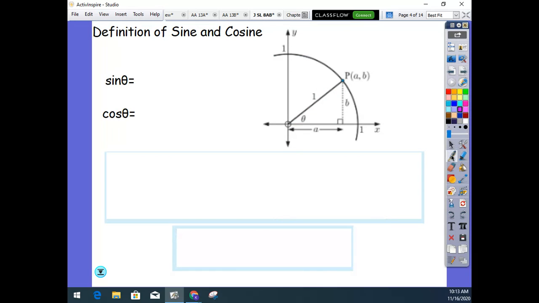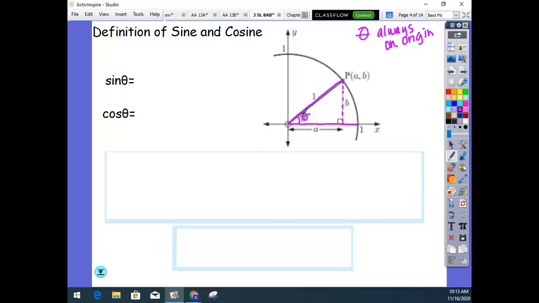Okay, so if we always start here, and we're going to always talk about the angle created, theta is always on the origin. We open it up from the origin right here. This is always our angle. So what we're going to do is create a right triangle on the unit circle.